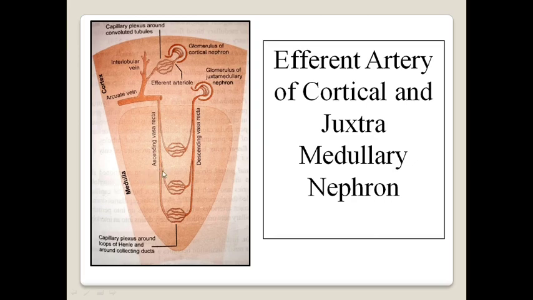That's why this part should have less blood supply. That's why this part receives 90% of the blood, this part receives 10% of the blood, and the innermost part of the medulla receives only 1% of the total blood supply to the kidney.